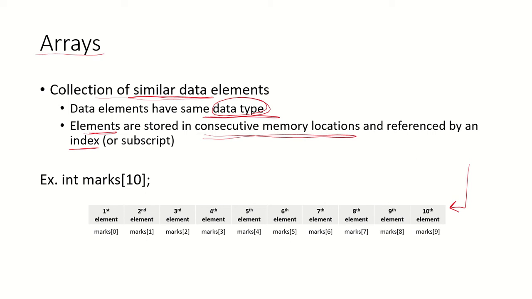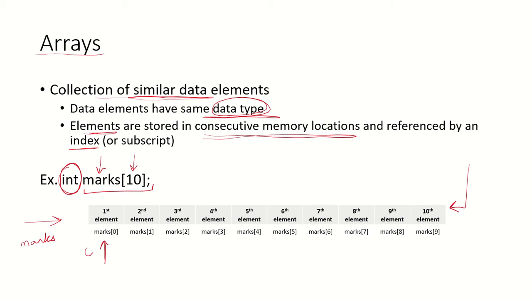Suppose this is an array, and this is the name of the array, marks, and the number of elements in this array is given by this 10. This shows an array which can store a maximum of 10 elements, and the name of this array is marks. This shows the data type of the elements present in this array, and each element can be referenced by an index.